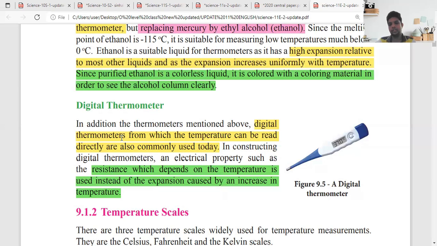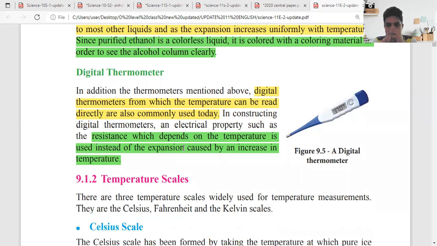Next point. They are most commonly used today. Next point.